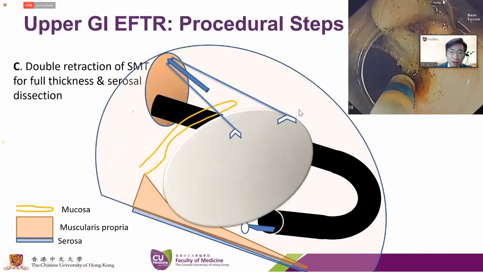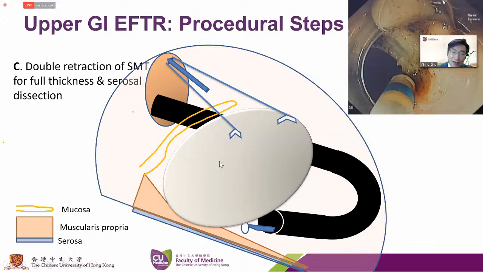Afterwards, we have to apply some retraction device like a clip and dental floss or suture, so that the tumor will be retrieved to the inside of the gastric lumen. So I'm always a believer that the flexible endoscope performs best inside the GI tract lumen.